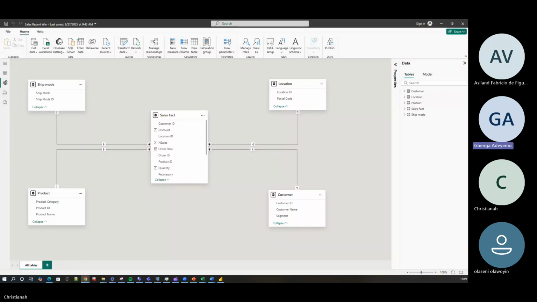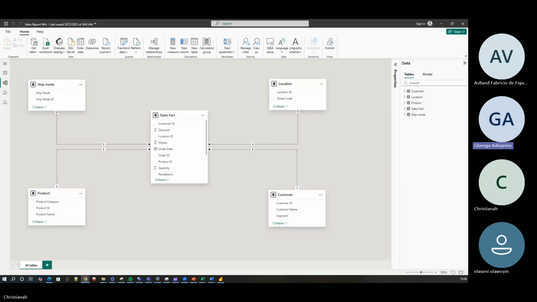Now, the other ones we didn't talk about, customers. In the context of the relationship between inventory and sales, customer is not a conformed dimension, because the concept of a conformed dimension is any dimension that we can link to all the fact tables that we have in our model.